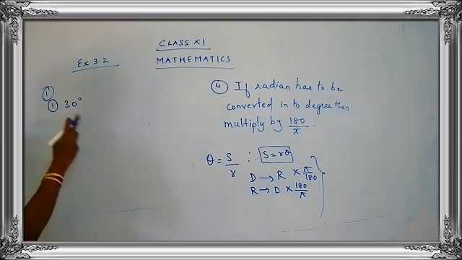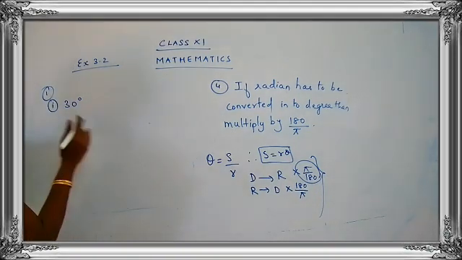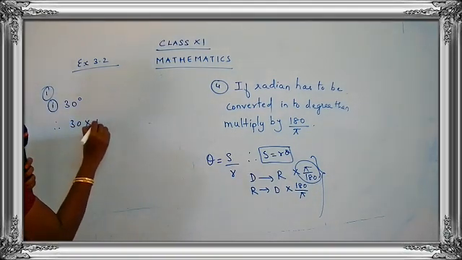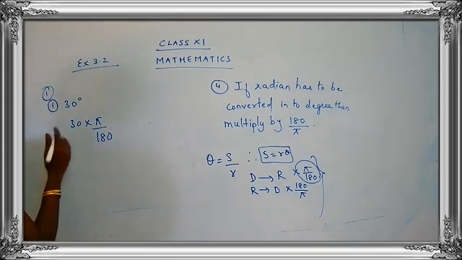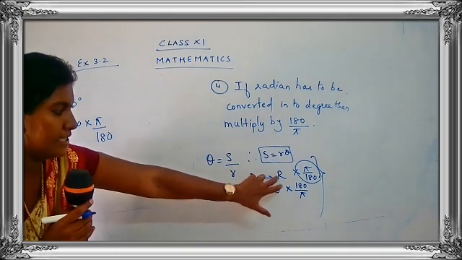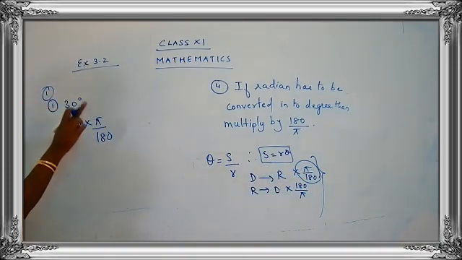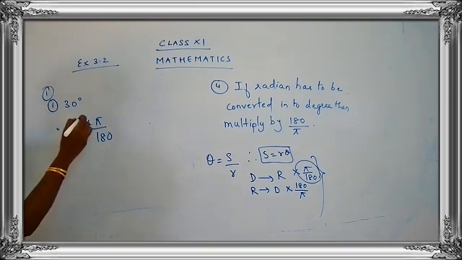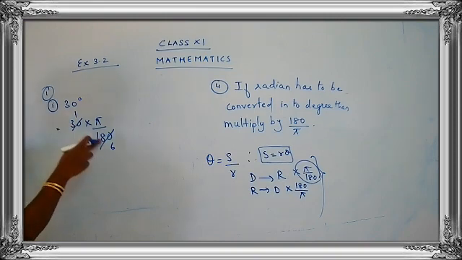So how are you going to convert degree into radians? Multiply by pi by 180. So write down here, 30 into pi by 180. Don't write therefore, you write equal to. So equal to, what I'm going to do? I'm going to change degree in terms of radian. So degree in terms of radian means multiply by pi by 180. Very simple. Remove the degree sign. Multiply by pi by 180. So 3 ones are 3, 6 are 6, or you can cancel 0 and 0.